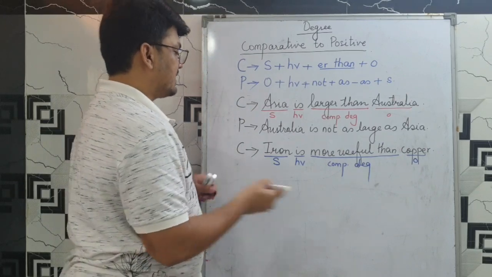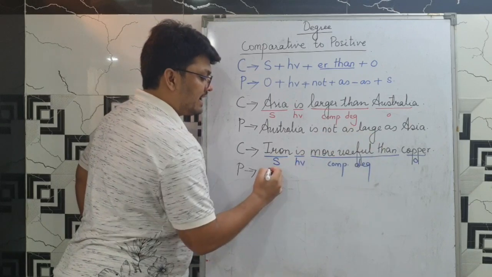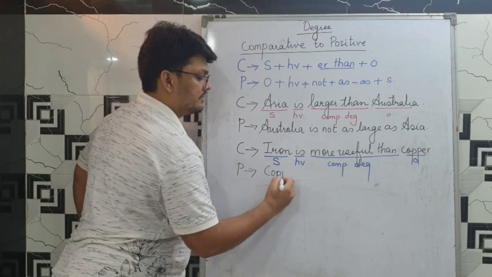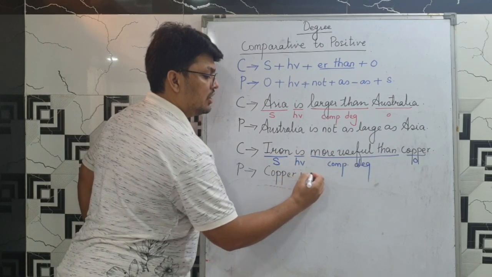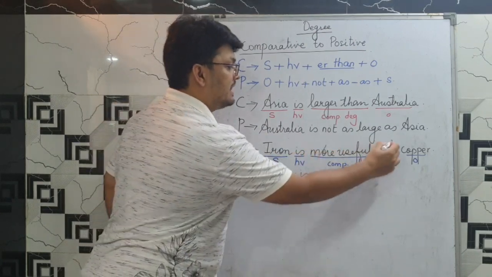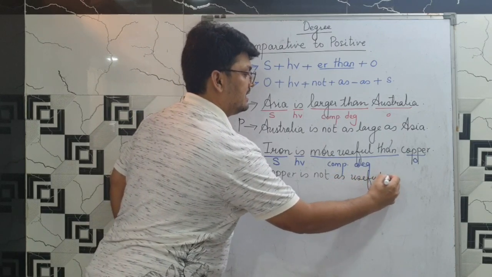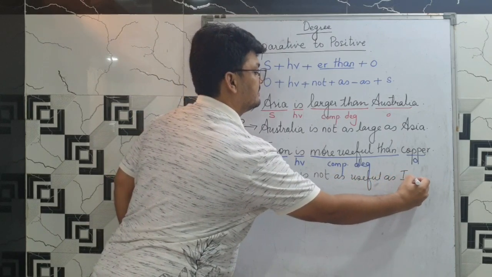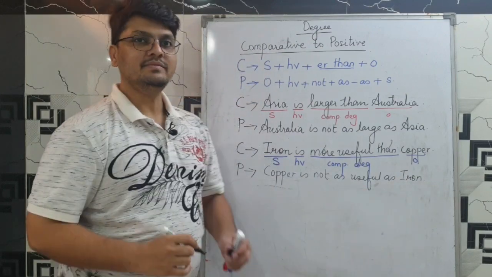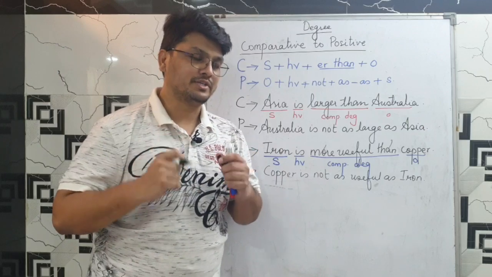So let's see the transformation. Positive degree, copper will come here, is not, cancel more than and use as useful as iron. Okay, so this is what we have done, comparative to positive.